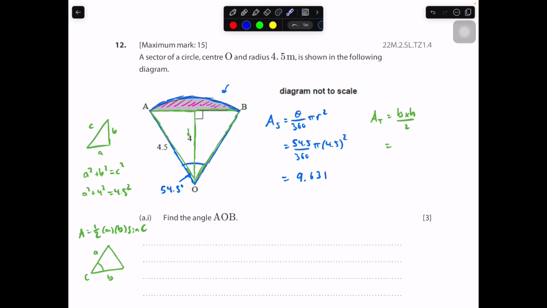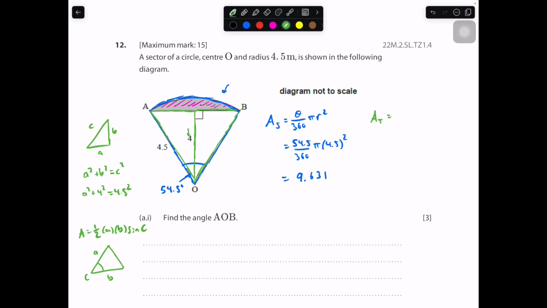Or, I think this is the way I'm going to solve it: just using the area of a triangle formula. Since we have 4.5, and we know this is 4.5 because they're both the radius, we have two side lengths, and we know the angle in between. So I think I'll solve it that way.